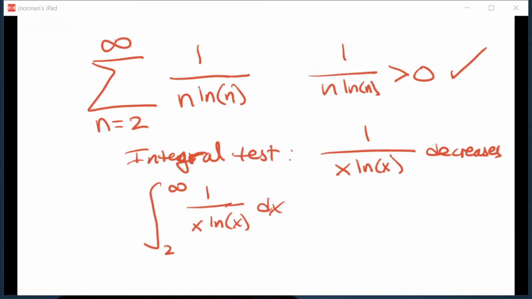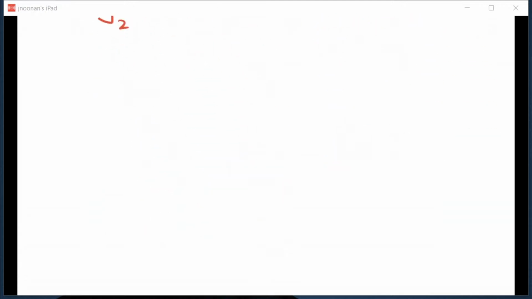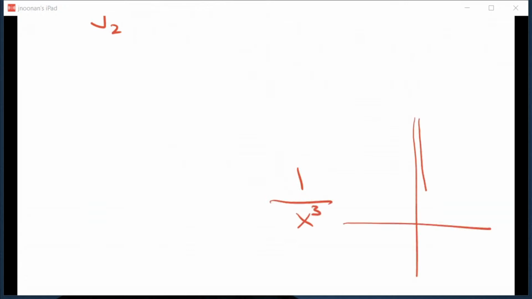But anyway, this thing is always decreasing. Some functions, it's obvious. This one is pretty obvious, but it may not be super obvious to you. Something like 1 over x cubed is pretty obvious because you know what the graph of 1 over x cubed looks like. So this is always decreasing.